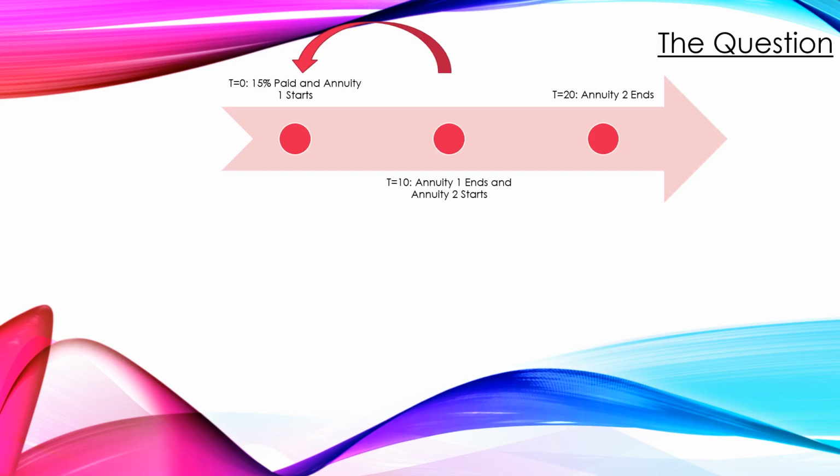So in our case, annuity 1 started at 0, so that's fine, but annuity 2 starts at time 10. So all the payments made for annuity 2 up until time 20 will be discounted to time 10, but we don't want the amount at time 10. We're looking for the amount at time 0. We want everything to be at time 0, so this is why we discount again for another 10 years.